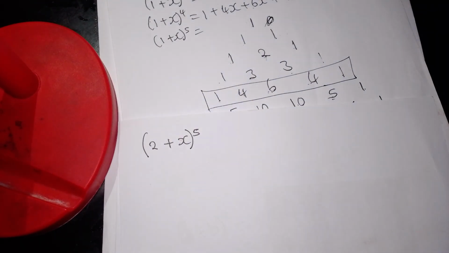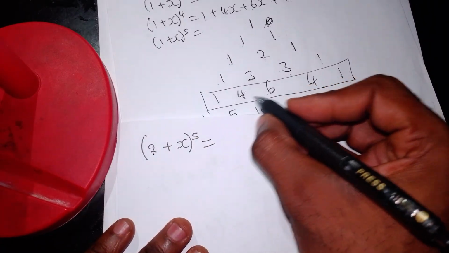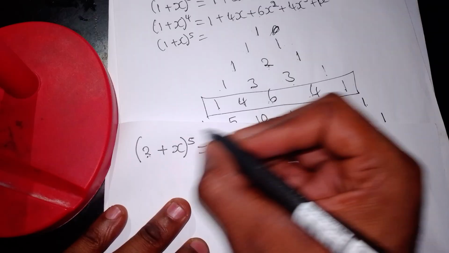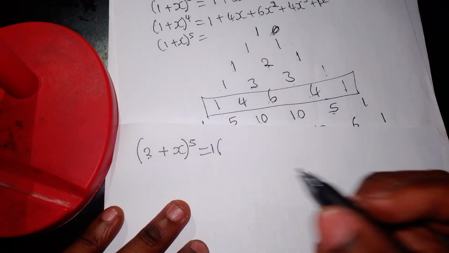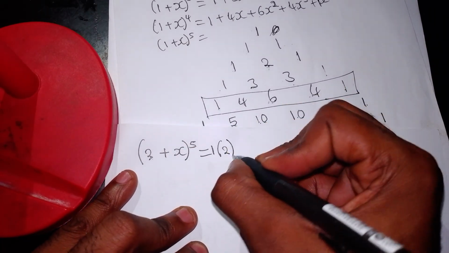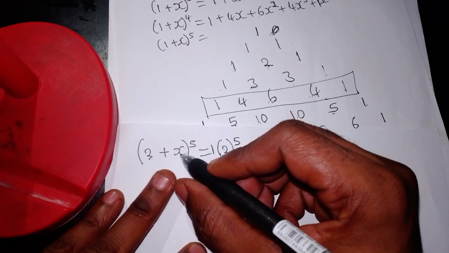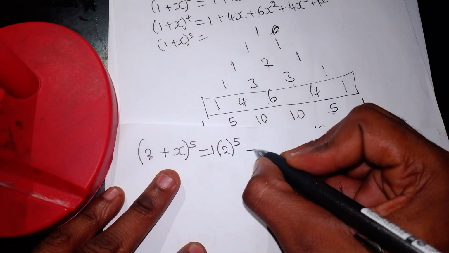So to expand this, this is your a. These are your coefficients. So you can just start with your first coefficient, which is a 1. It may not even be necessary to write the 1 there. So you can say 2 raised to the power 5. And then x will be raised to the power 0 in this case, so you can just ignore it.